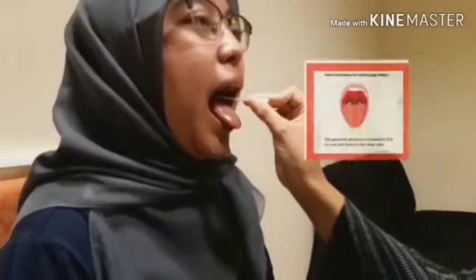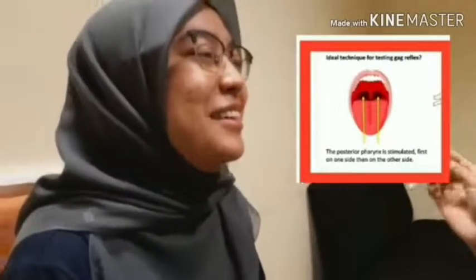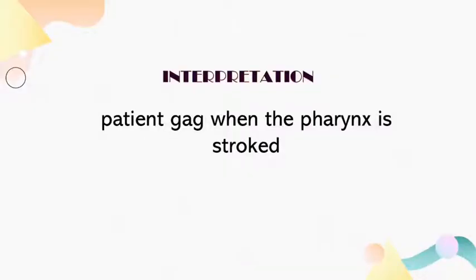Okay, one more, bigger. Interpretation: patient gags when the pharynx is stroked. Please note that the gag reflex test is testing the sensory function of the glossopharyngeal nerve and the motor function of the vagus nerve.